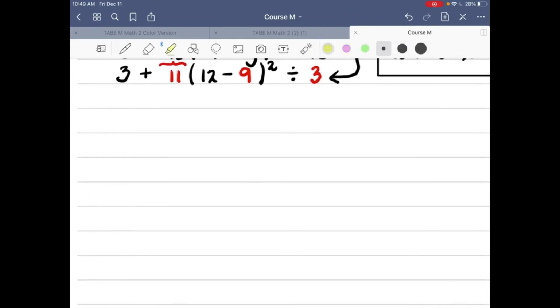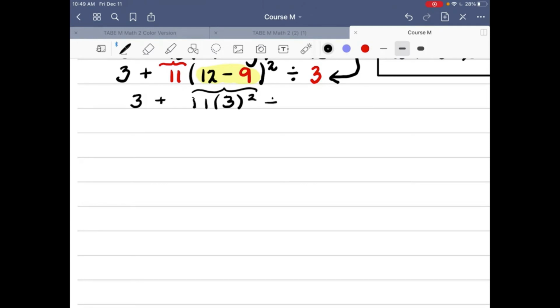So the first thing we need to do is what's in parentheses. 12 minus 9, that's going to be 3. And then all this other stuff just comes down with it.